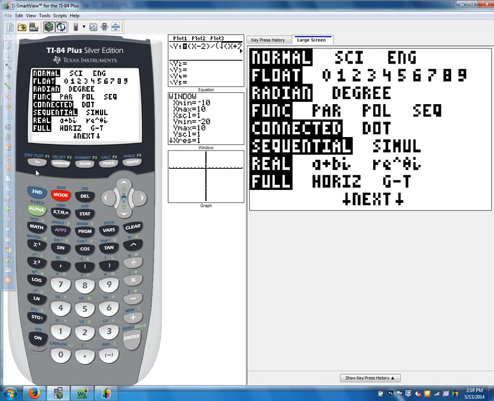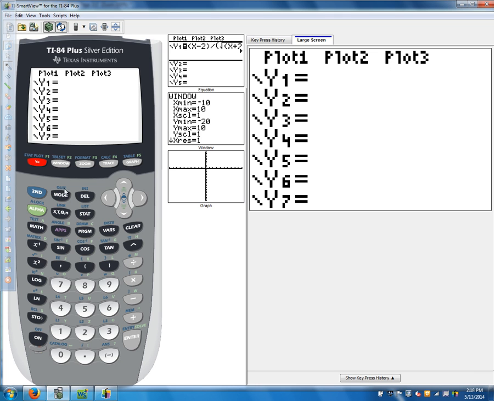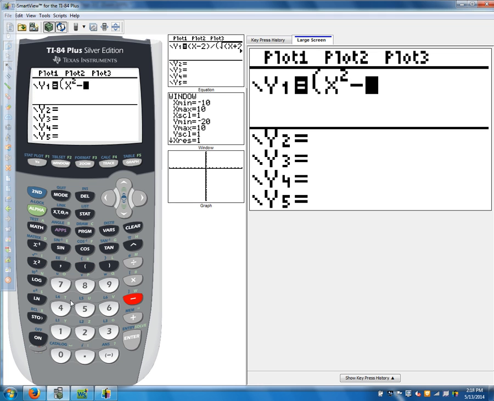All right, so let's enter our function in there. Our function was x squared minus 4, and we were dividing that by x minus 2. And I'm going to go to the table. Before I go to the table, we're not going to graph this.